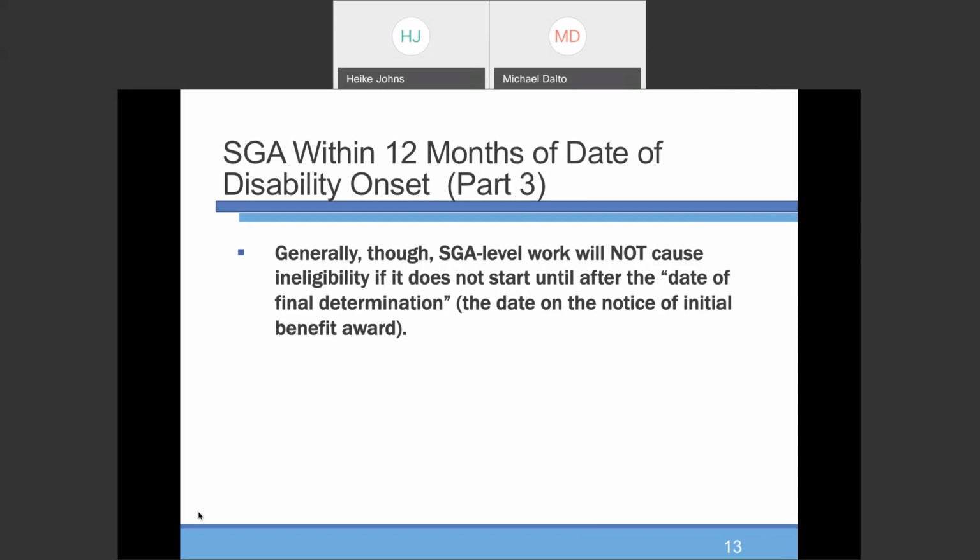So SGA within 12 months of onset is only a problem if the SGA was done before the date of the final determination, the date on the letter that says you're approved for SSI or a Title II disability benefit.